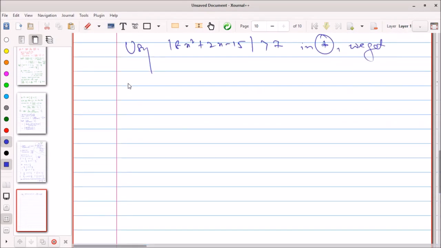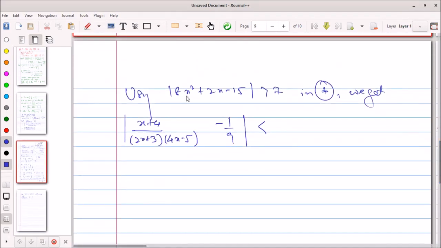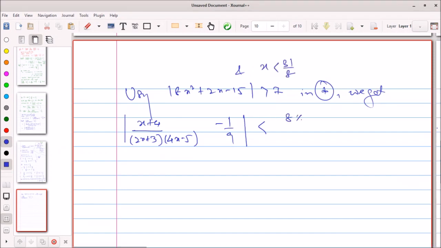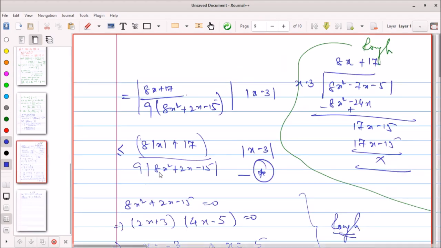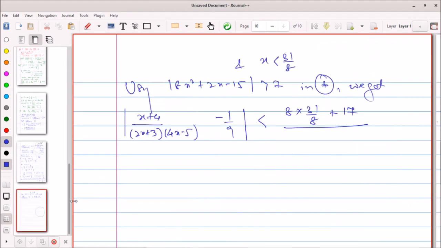We had x plus 4 over (2x plus 3)(4x minus 5) minus 1 by 9 is less than, using this, and x less than 31 by 8 in star, we get 31 by 8 plus 17 upon 9 into 7, times x minus 3.